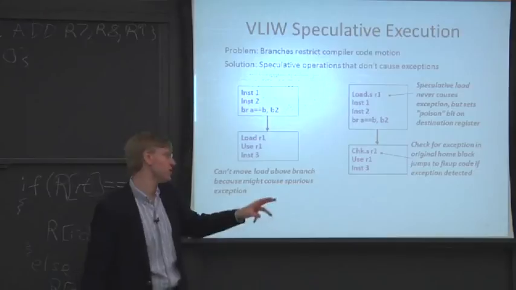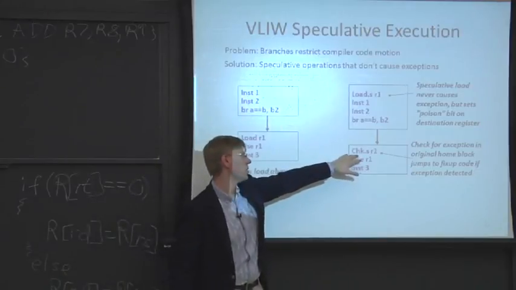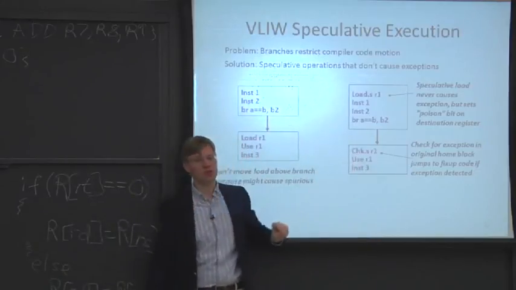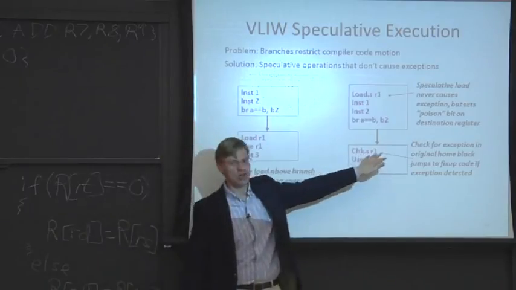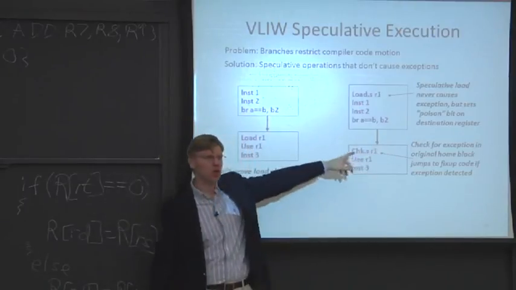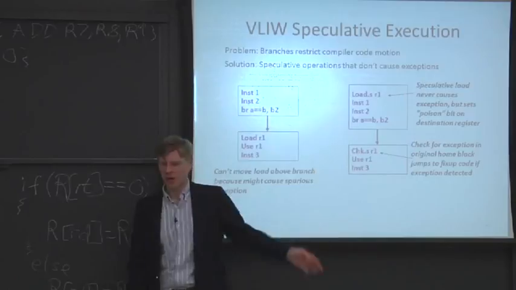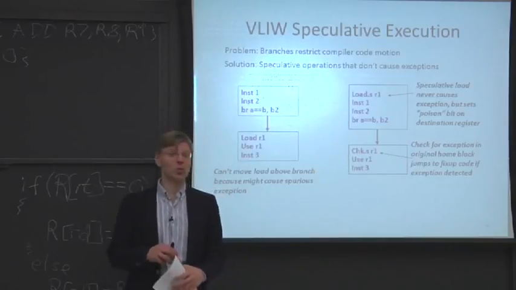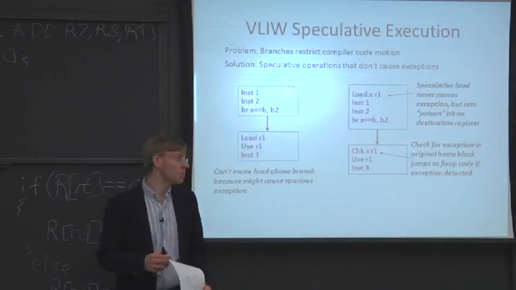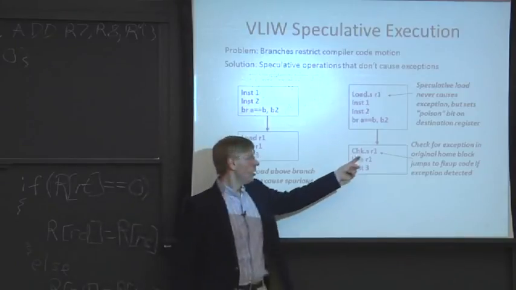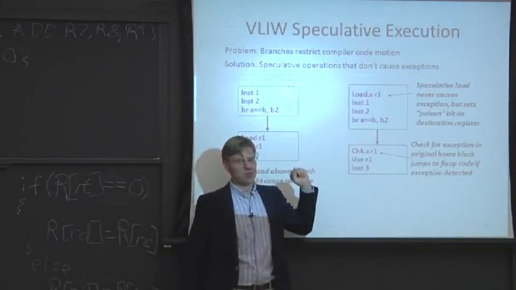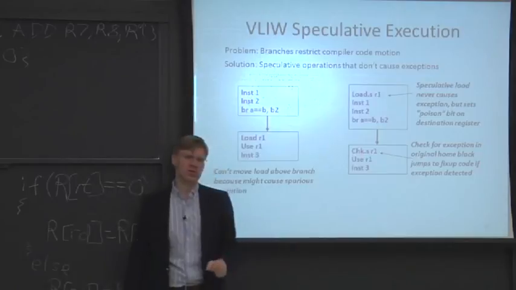It doesn't take a trap. It only takes a trap, or only jumps to fix-up code, when you go to actually do the use, or when you have a special check instruction, or there's another load you can put there that'll re-execute the load if the original load didn't work, a non-speculative load to the same value.